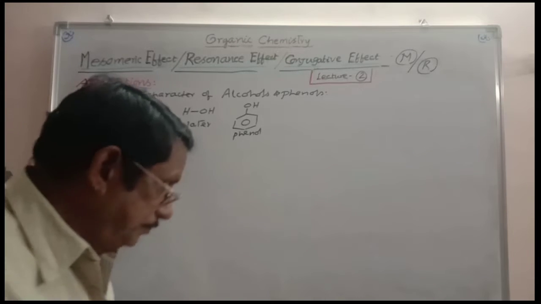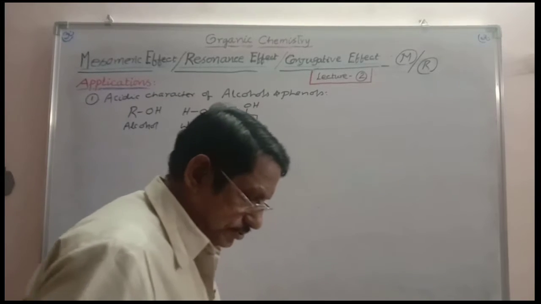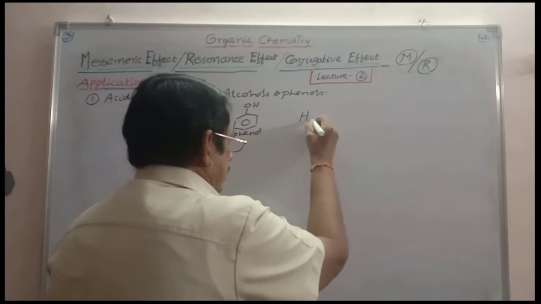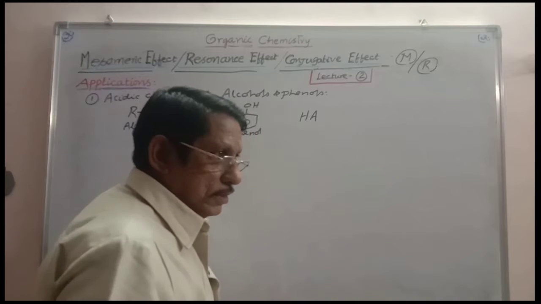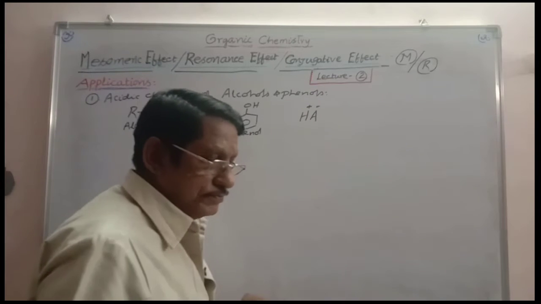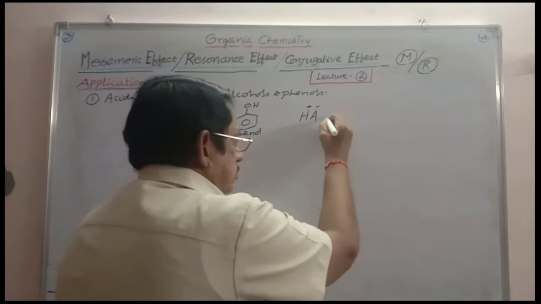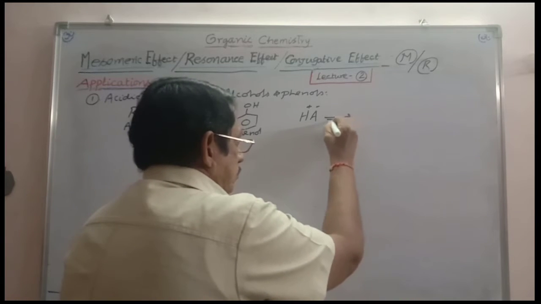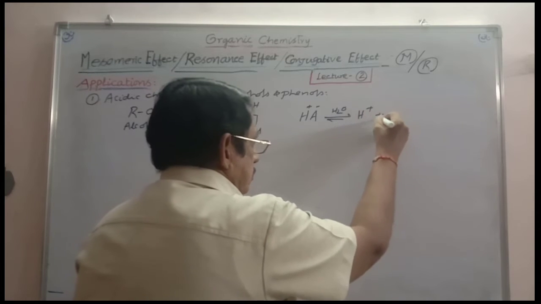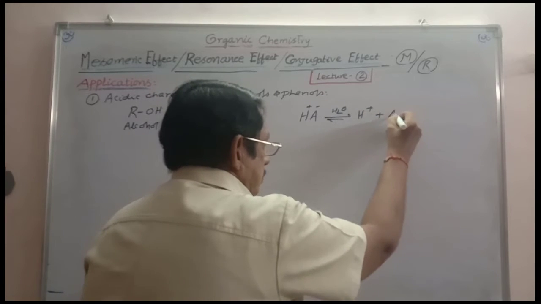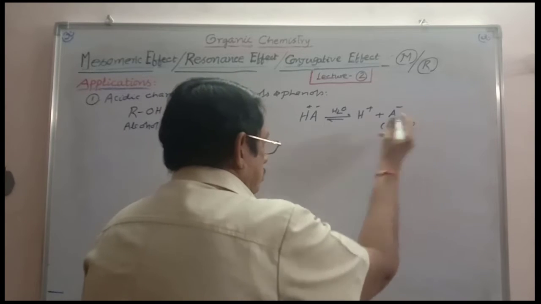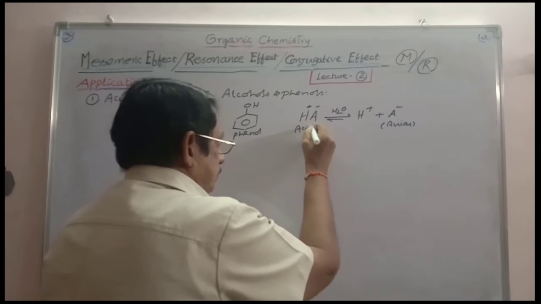Generally, you know that every acid contains a proton. You can write it as HA. When a proton is present, an anion must be there beside it. Every acid, when dissolved in water, produces H plus ions and its conjugate base, namely A minus. This is the anion, the conjugate base of the acid. This is the acid.